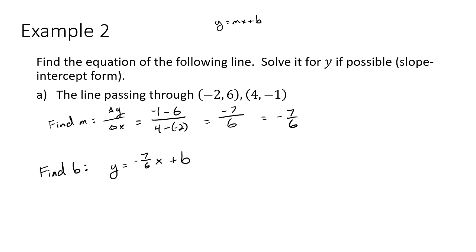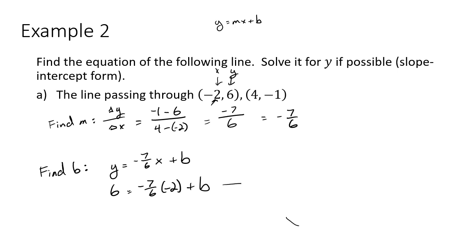So what this means is, if I take either of my points, x, y, it doesn't matter which one you choose, they'll both give you the same result, and I plug it in for x and y, the only unknown in the equation will be b, and we'll be able to solve for it. So in this case, if I plug in -2 for x, so we've got -7/6 times -2, and I plug in 6 for y, I get an equation that I can solve for b.